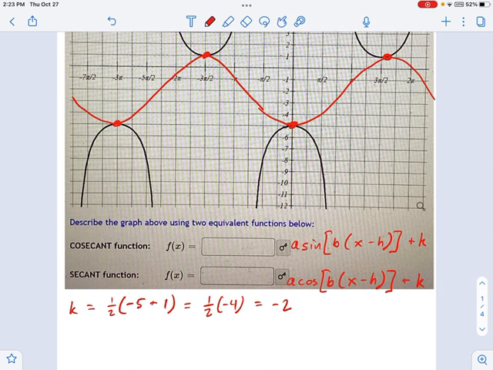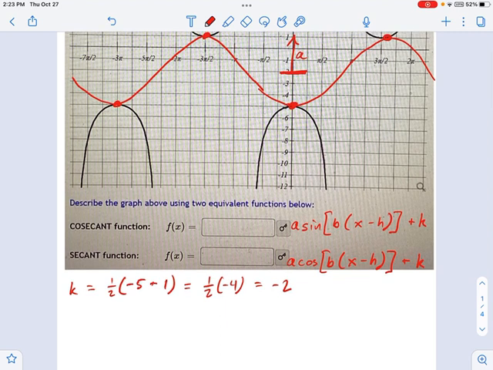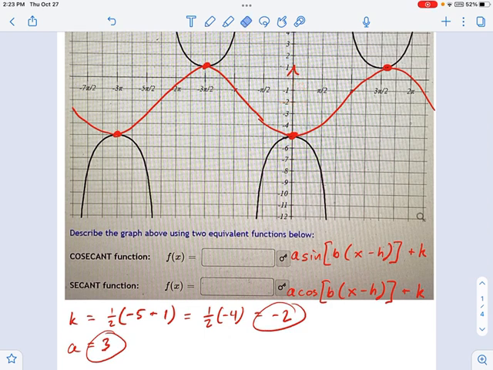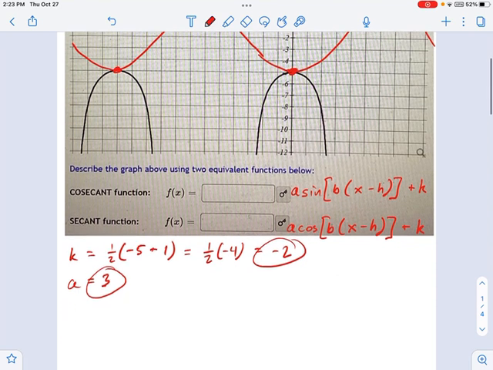And next we'll find the amplitude, which is how far you have to go from this midline to get to the maximum of the curve right there. That's the amplitude. And you can see graphically, the amplitude is going to be equal to 3. So there's amplitude, there's k. That was very quick. In terms of these other pieces, we're going to have to talk about the period of this function.